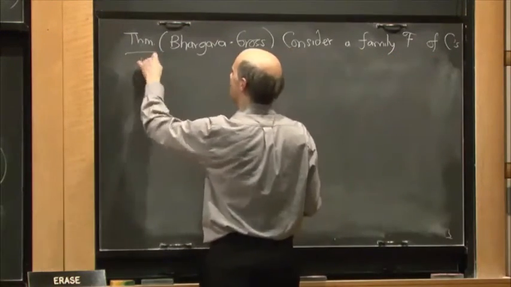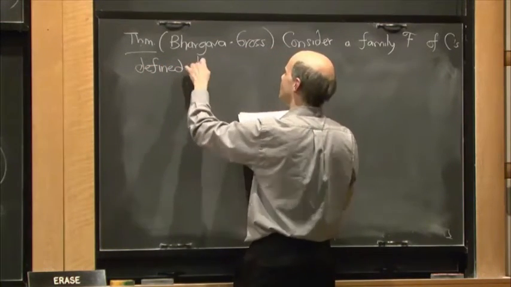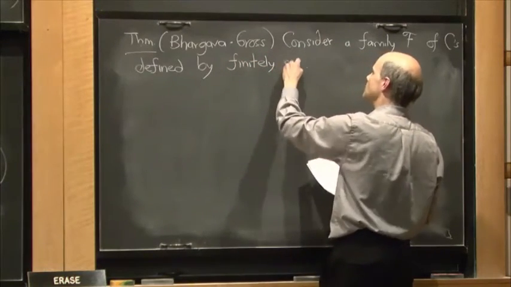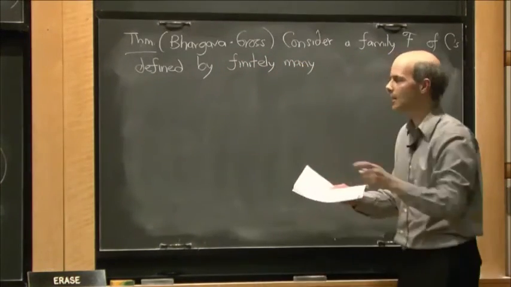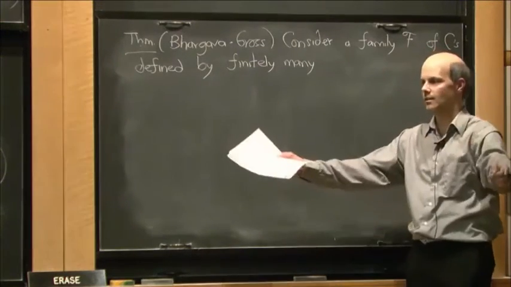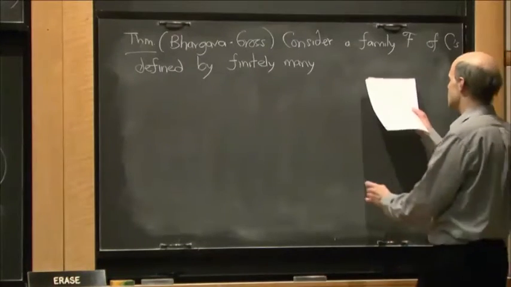And the family is exactly the family that's defined by finitely many congruence conditions. By congruence conditions, I just mean conditions on the coefficients. So I could say that the coefficient of x cubed is congruent to 5 mod 7, and have finitely many such conditions.